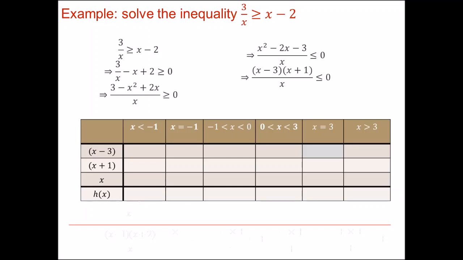So I'll just start this off. If we're below -1, then each of these is negative, which makes h of x negative. At x equals -1, x minus 3 is negative, x plus 1 is actually equal to 0, and that one is negative, but that gives us a value which is 0.